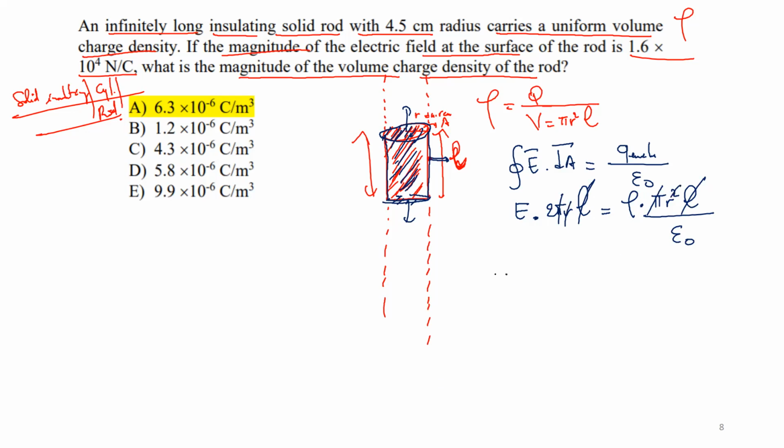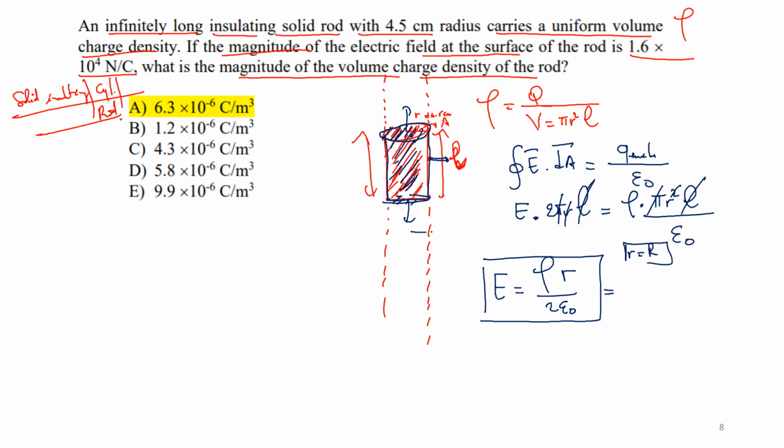So I end up with the electric field, as we already demonstrated before. The electric field is just rho r divided by 2 epsilon naught. And by the way, the r here is equal to capital R, because I'm just looking at the radius at the surface.